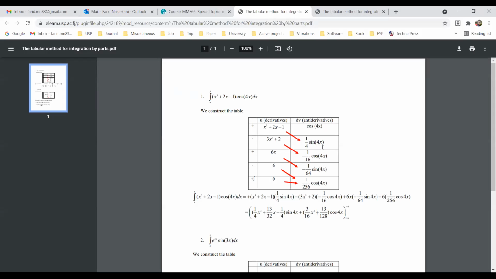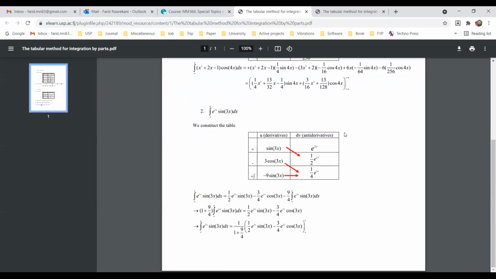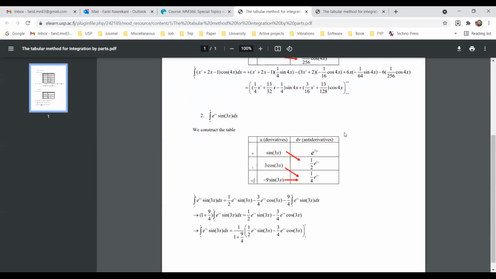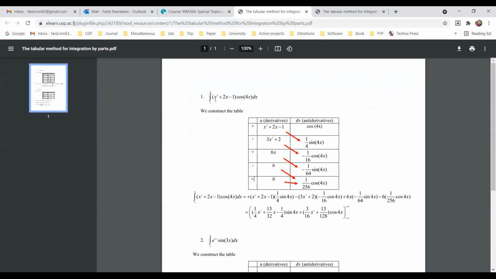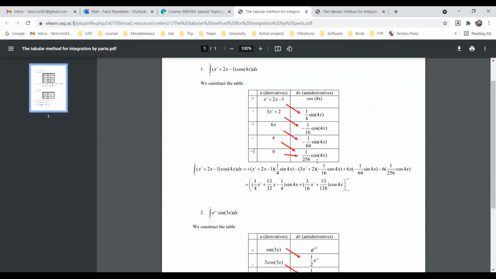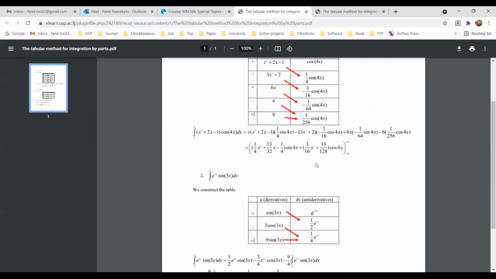Here you can see I prepared 2 examples. For example, we have the integral of a polynomial multiplied by a cosine function, and how to use the tabular method, and you can use the integration by parts method to find the response of this problem.